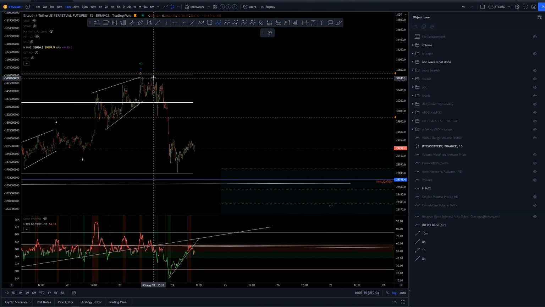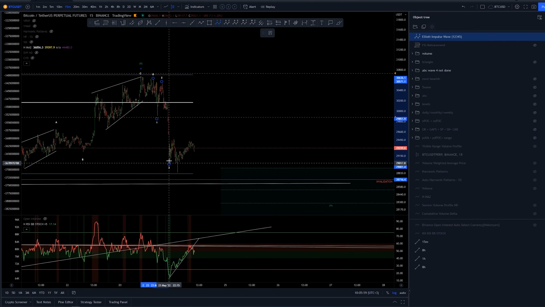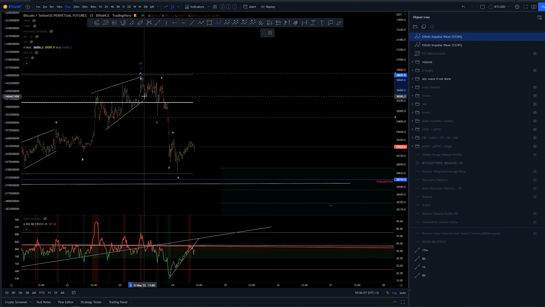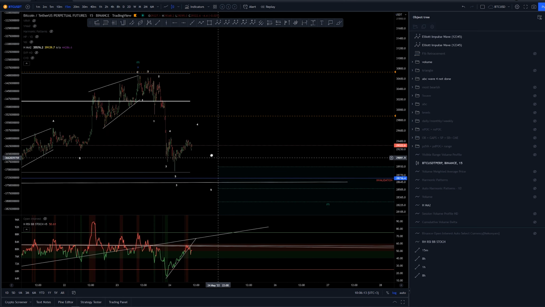This could be labeled with this being a 1, 2, 3, 4, 5. We do have a divergence here between the 3rd and 5th that we're looking for, and we could be still missing one more leg here as a 1, 2. This would be 3, creating the 4th and 5th.